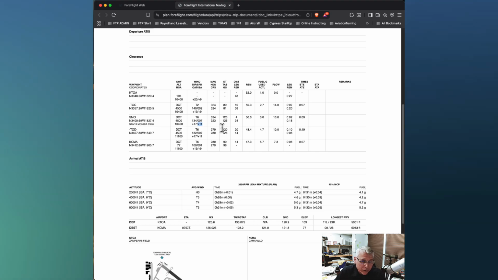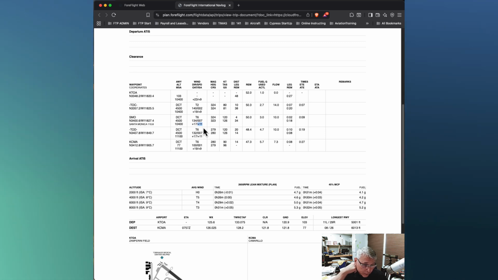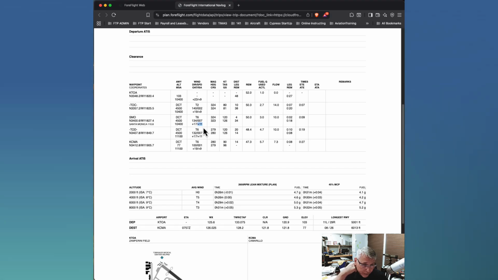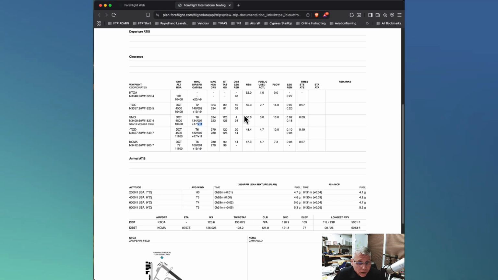What this tells us is it's actually warmer at altitude, warmer than standard on this particular day. Why is this important? This comes into play when we start doing our performance planning. The hotter it is, that has an effect on the performance of the airplane versus it being cooler on that particular day.